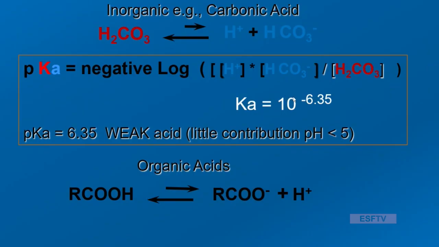Think about what this Ka means. This means that 10 to the minus 6.35, this little tiny bit, is in dissociated form as a proportion of the total. The more negative this number, the smaller this, the bigger the pKa. So big pKa's, little dissociation.